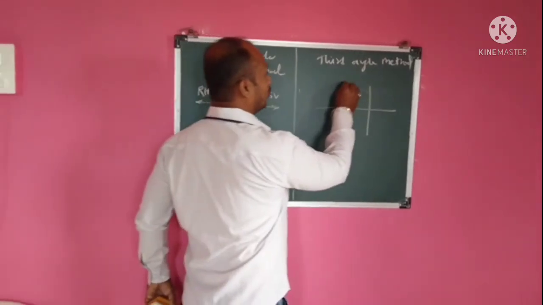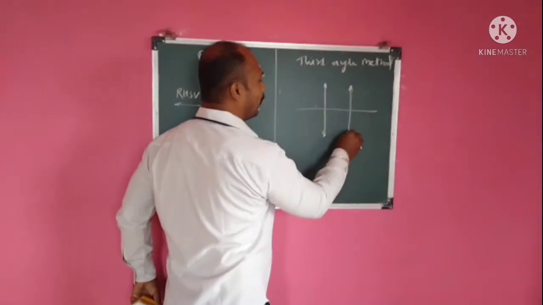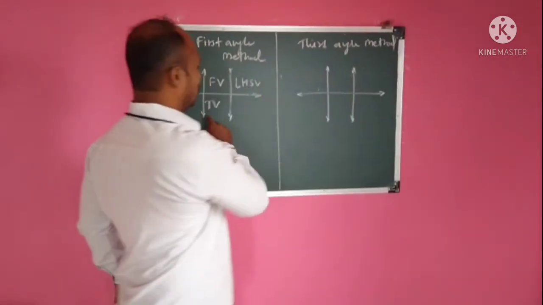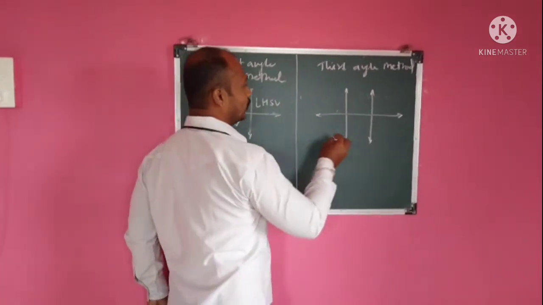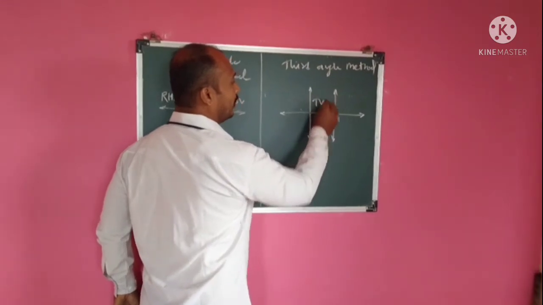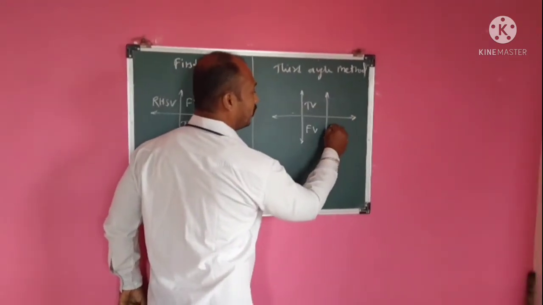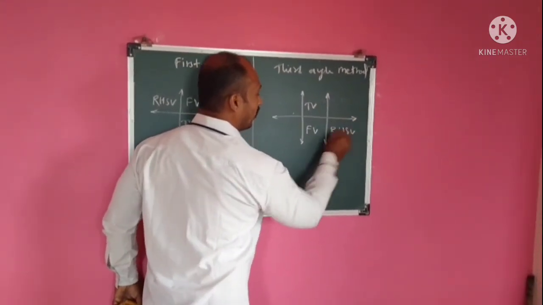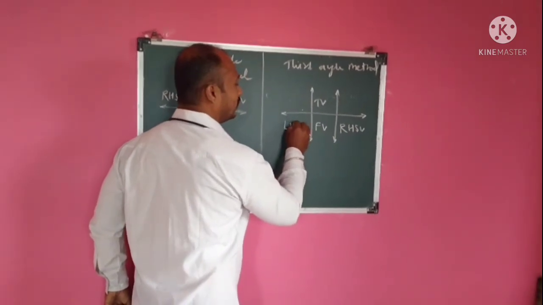But the third angle projection is opposite to that of the first angle method. In this, the front view is below the xy line and the top view is above. On the right side of the front view there will be the right hand side view, and on the left side of the front view there is the left hand side view.